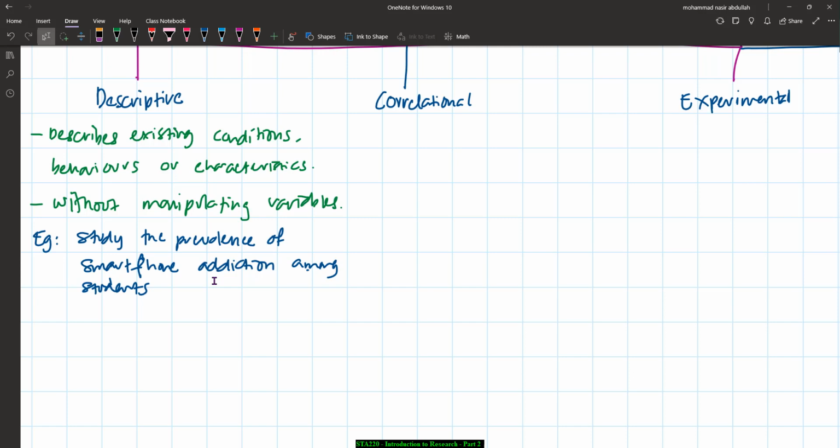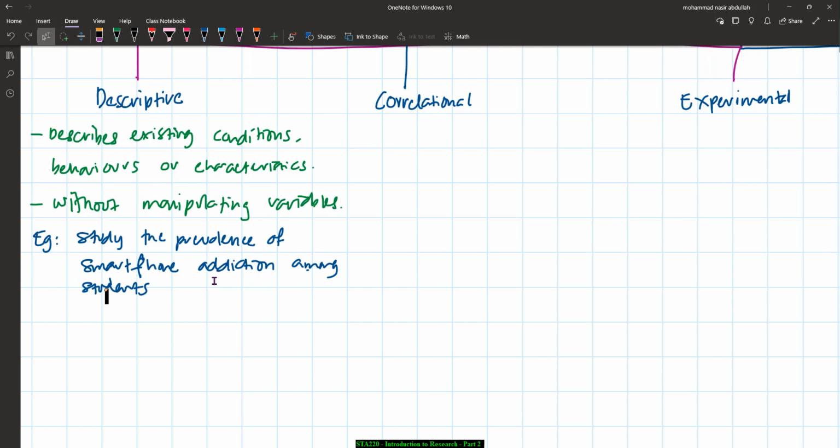To students and asking them to rate their agreement with certain statements, right? Maybe we put statements that relate to smartphone addiction, right? So that can indicate smartphone addiction. And then we collect the data, then we just provide an insight regarding how widespread the issue of smartphone addiction is. And we just describe the situation only.